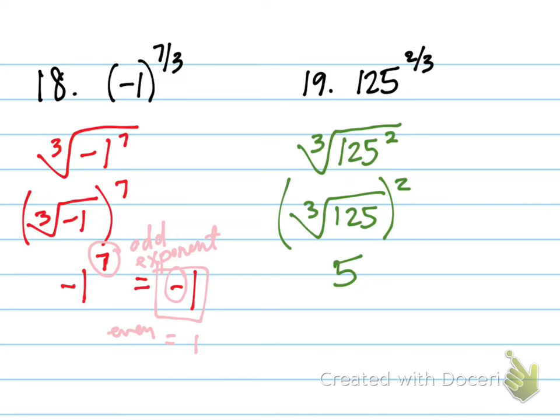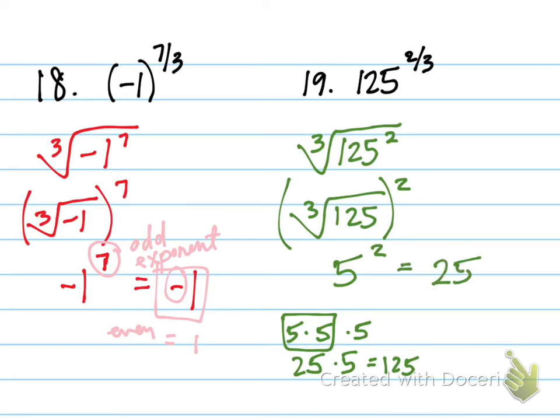The reason I know that is because 5 times 5 times 5 is like saying 25 times 5 gets me 125. So that I just know in my head. You may have to think about it a little bit, but you can always check yourself. And then 5 squared gives me 25. So 25 is my final answer.